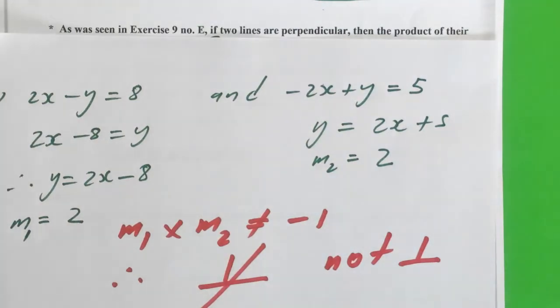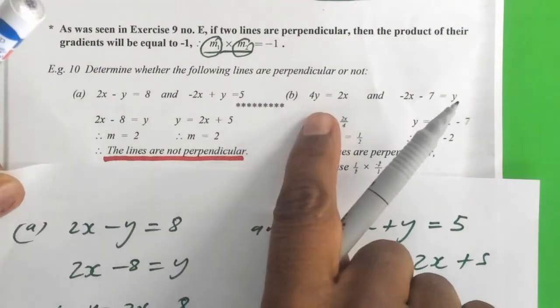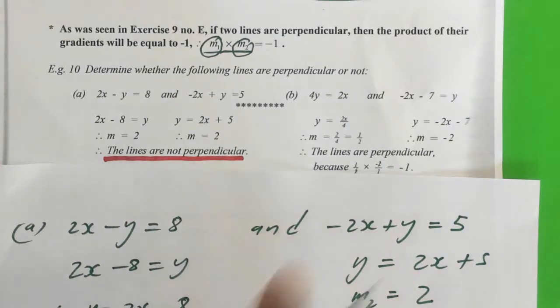Okay, let's look at B. Exactly from your ABC again, if you look at B, let me write that.